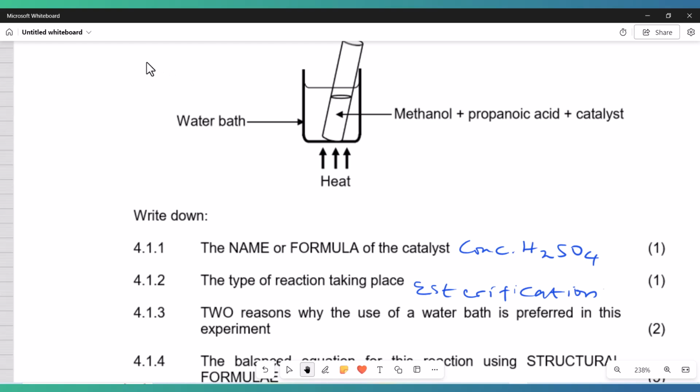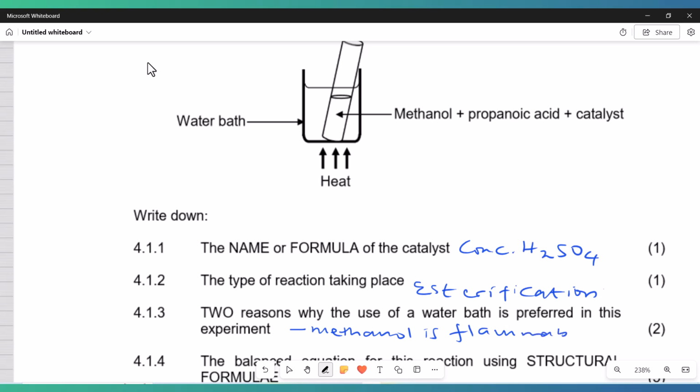question 4.1.3. They ask us to state 2 reasons why the use of a water bath is preferred in this experiment. Now, why do you need a water bath? Because methanol is flammable. So we need a water bath because methanol is flammable, so it might catch fire. Okay.